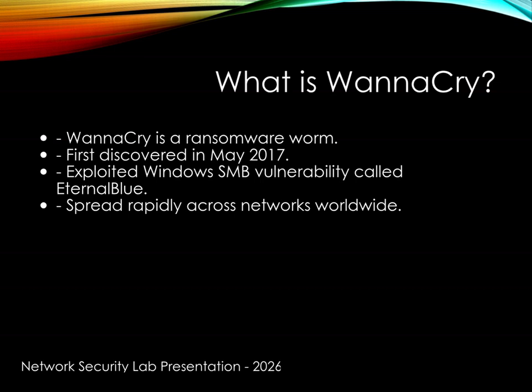This vulnerability existed in the SMB protocol, a system used by computers to share files and printers across networks. Once WannaCry exploited this flaw, it spread automatically from one computer to another without requiring user interaction. In essence, WannaCry combined the destructive power of ransomware with the self-replicating nature of a worm.